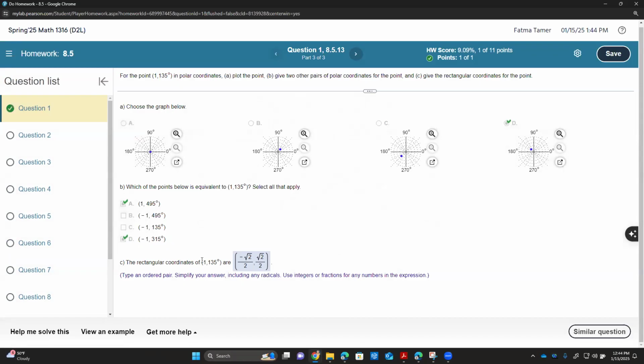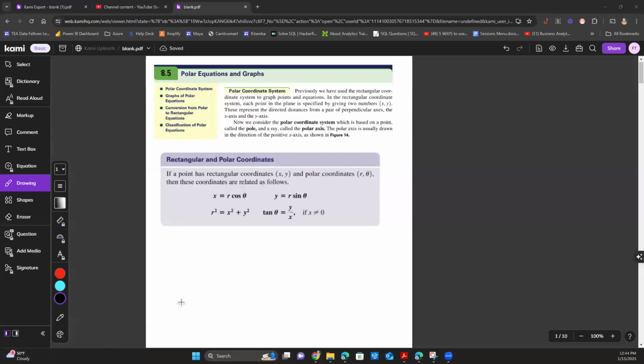Now, I am going to find the rectangular coordinate for (1, 135). Let's show the work for this. This is what I have for the first question, part C. Our polar system has an r value of 1 and an angle of 135 degrees.